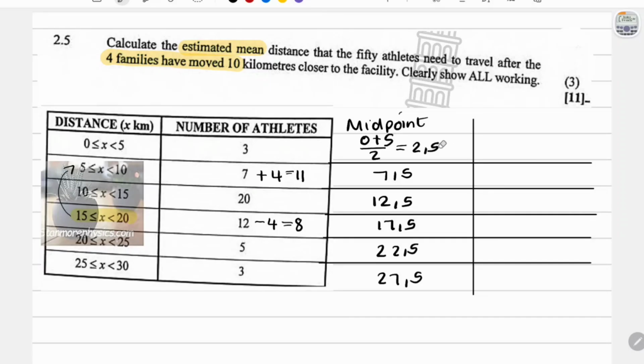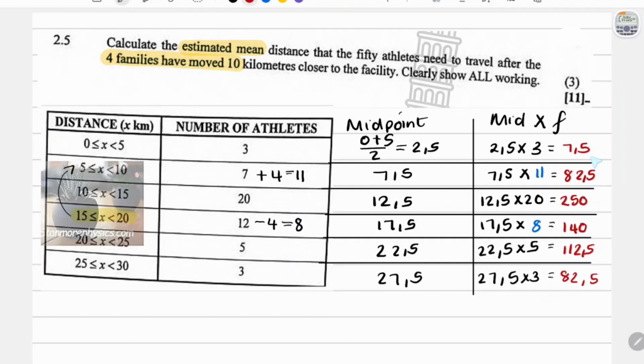We're estimating that that's how far they are from the training facility. So to get this part, we take the midpoint multiplied by our frequency. So we say 2.5 times 3, the number of athletes we have, and 7.5 times the number we have here, which is now 11, and so on. And these are the values that we get.